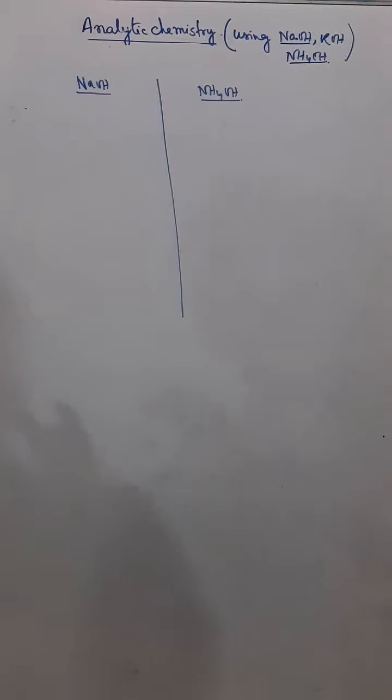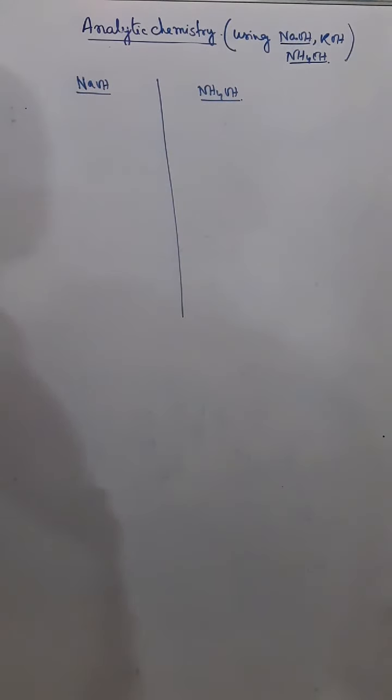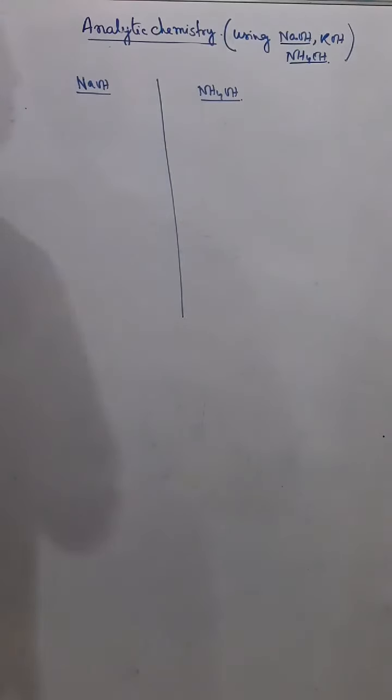Okay, now so far we have done NaOH and we are done with NH4OH. And what I told you, you have to learn what? First, what precipitate is formed, and then on adding excess NaOH or excess NH4OH, what is happening to the precipitate? The precipitate is dissolving or not dissolving.